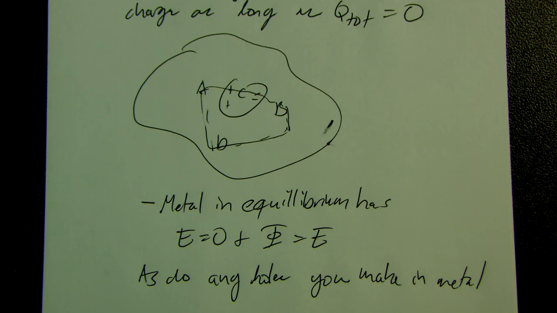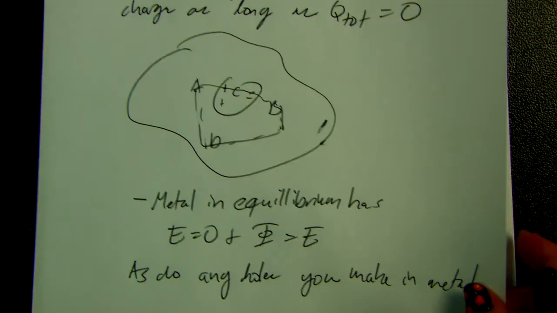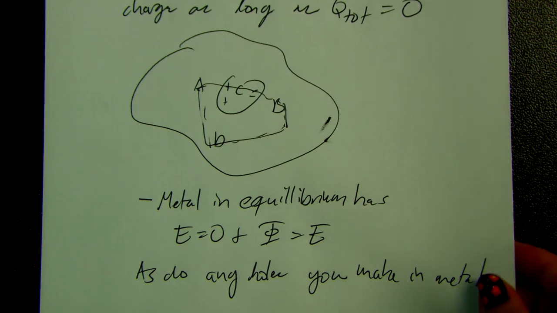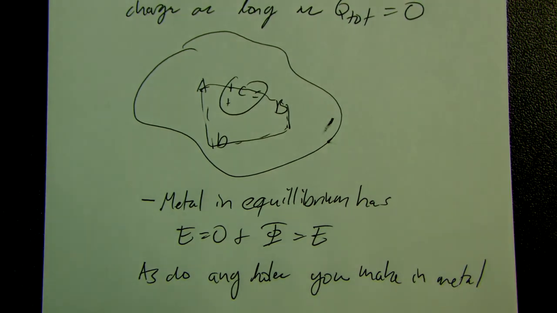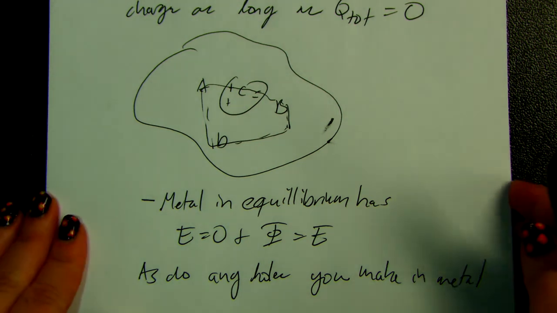So there you go. And so what will result is you're going to get a net field of 0 in whatever you enclose with this conducting material, even if you're enclosing it with a mesh.